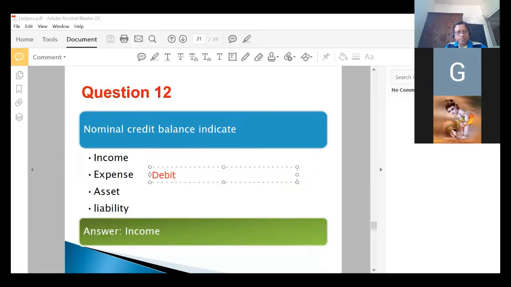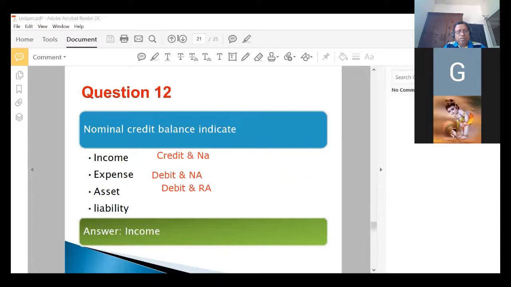All right. Expense is debit, nominal account. Income is credit, nominal account. Asset, debit, and it is a real account.